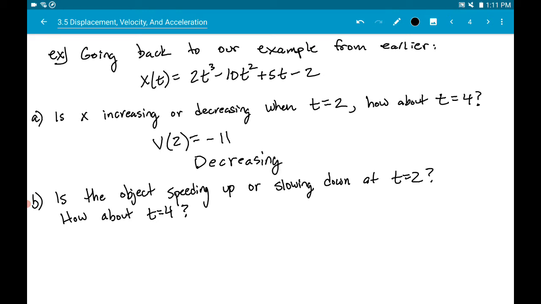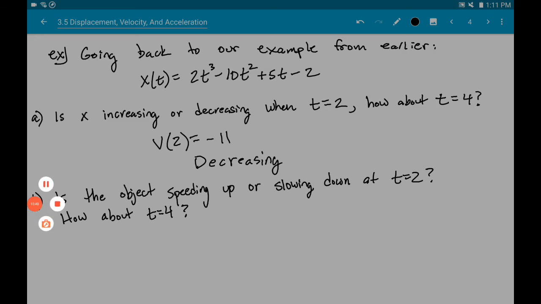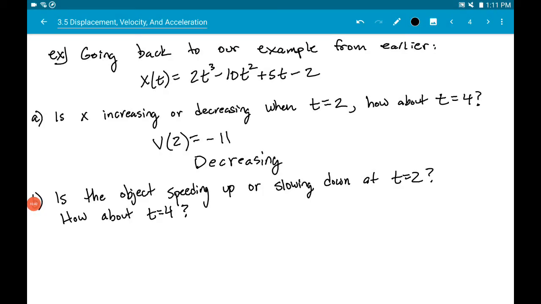If I find v of 4, again, I would have to take my derivative, plug in 4. I'm a little worried about time because my video here is going to cut me off. But again, we're looking at the sign.